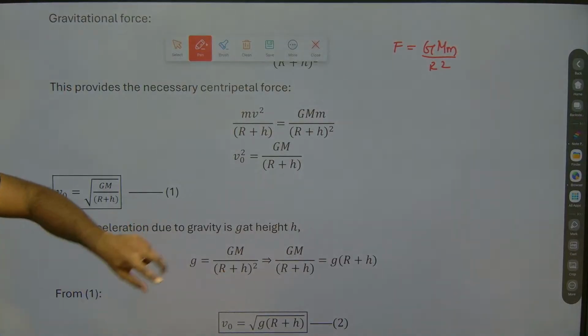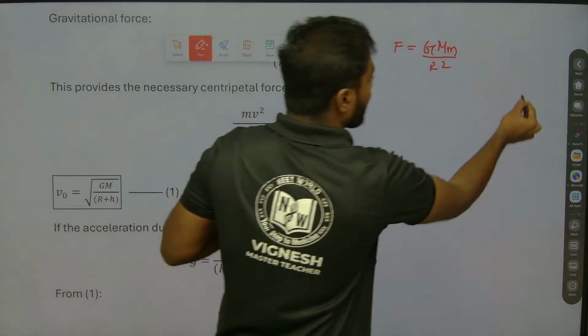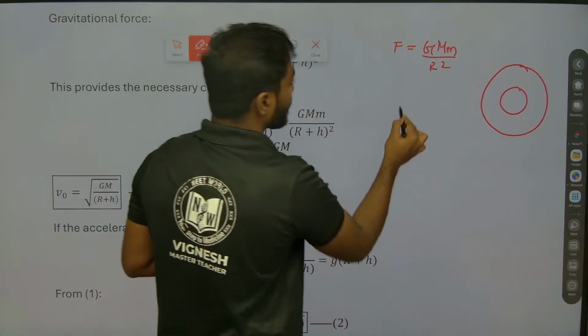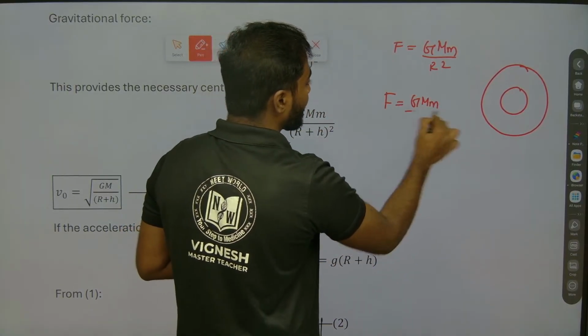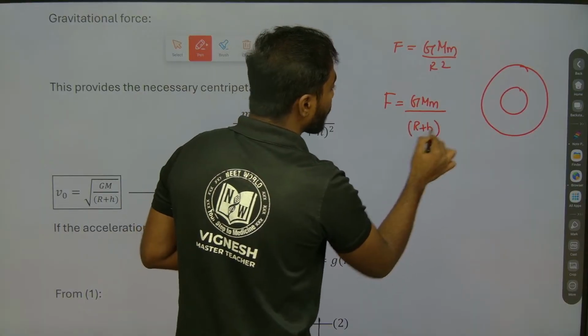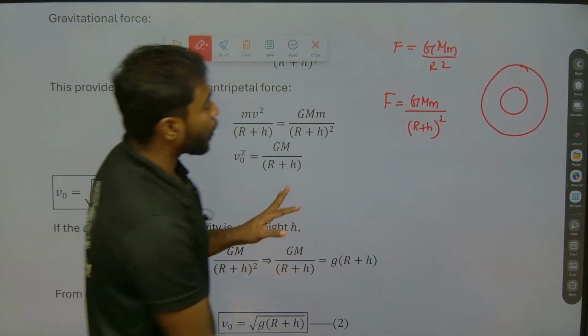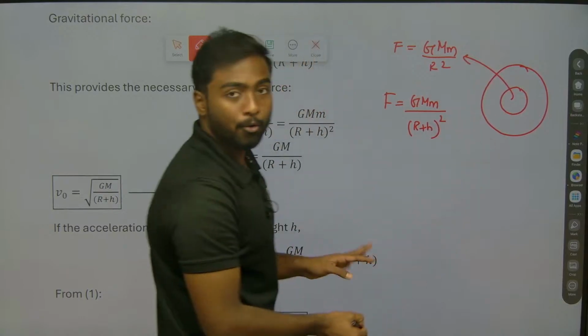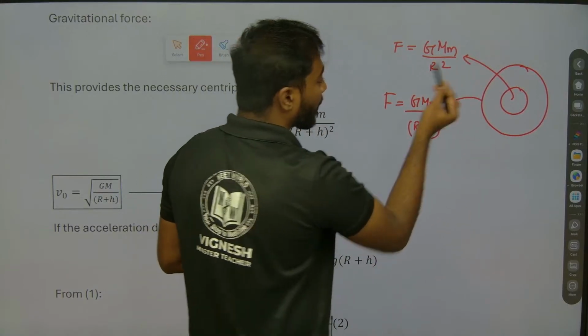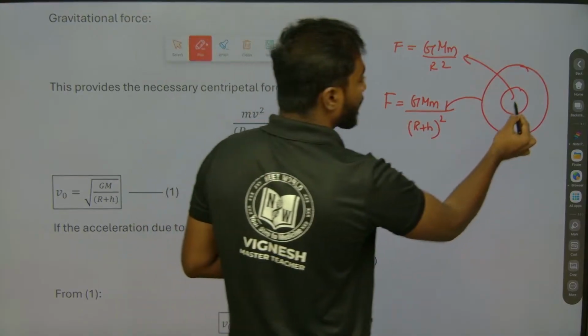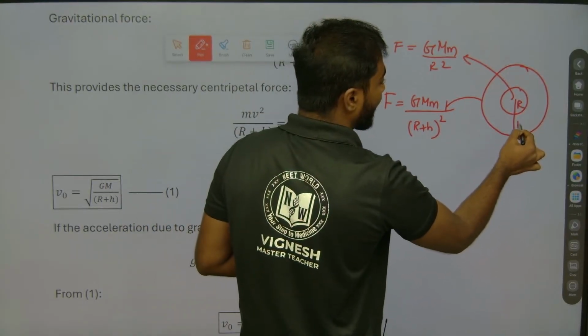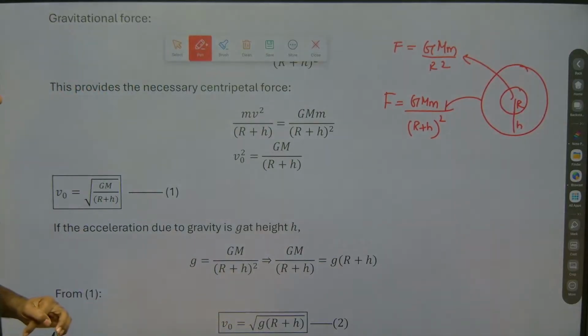But when I talk about the orbit, we have taken height h, so force will be equal to G M m by (r plus h) whole square. Am I correct? We talked about the planet only earlier, but when we talk about the orbital force, this is G M m by (r plus h) whole square, because this is radius r and this is height h, right?